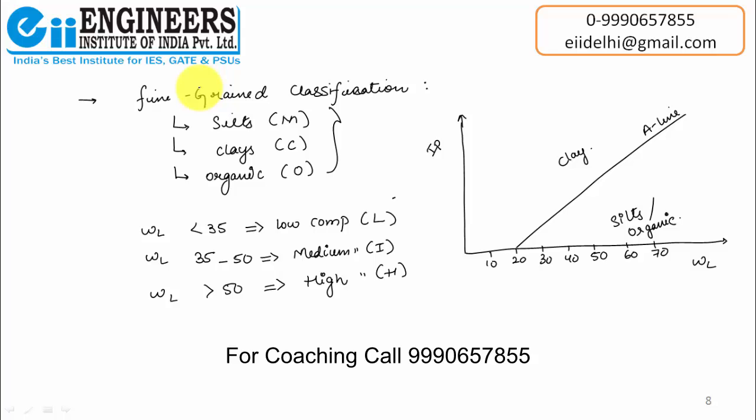Now, let us classify on the basis of compressibility. So, the first one is if the liquid limit is less than 35. Let us just draw lines at two liquid limits, one is 35, another is 50. If the soils have a liquid limit less than 35, then it is soils of low compressibility.